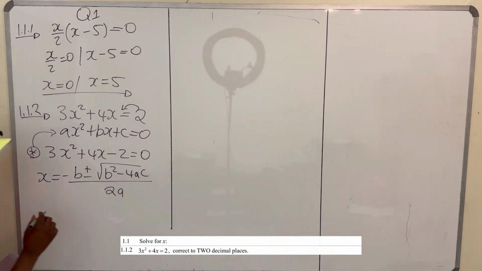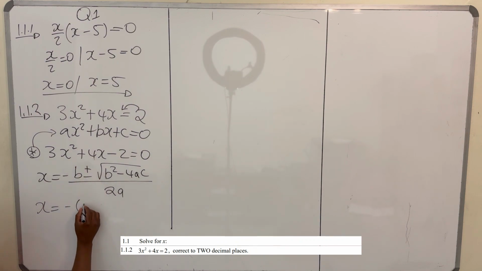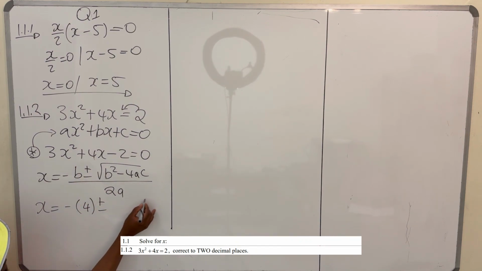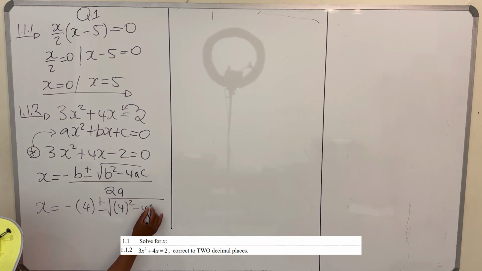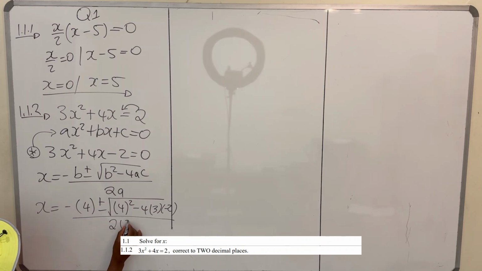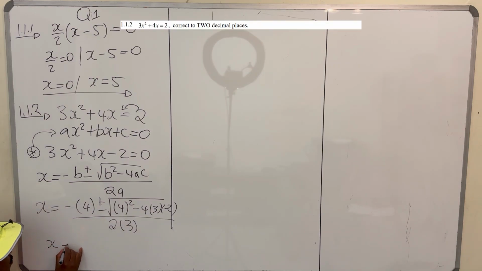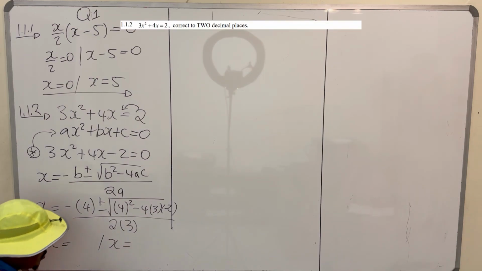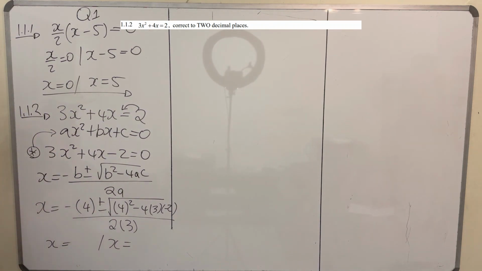Then you substitute. x is equal to negative b, and b is 4, plus or minus the square root of 4 squared minus 4 times a, where a is 3, and c is minus 2, all divided by 2 times 3. So let's punch that in and see what we get.